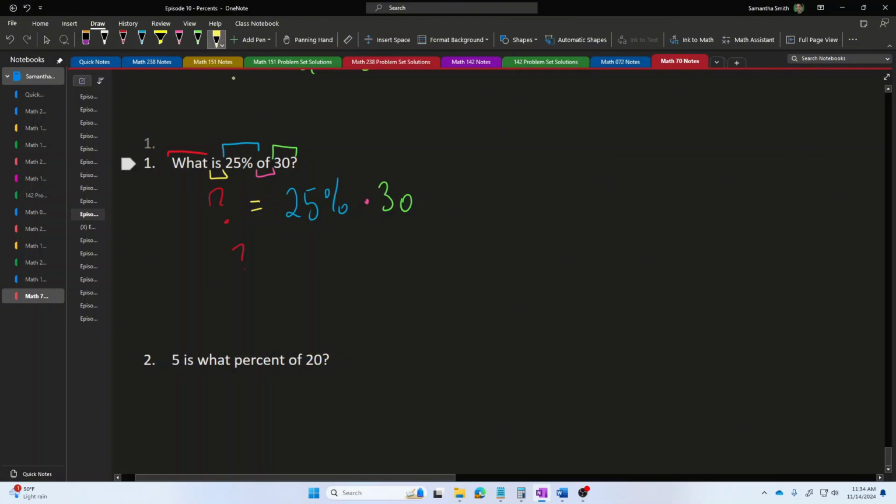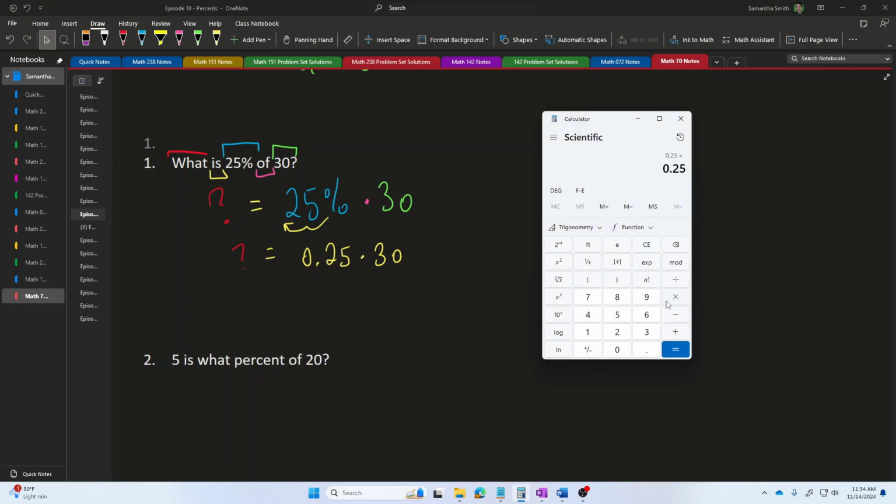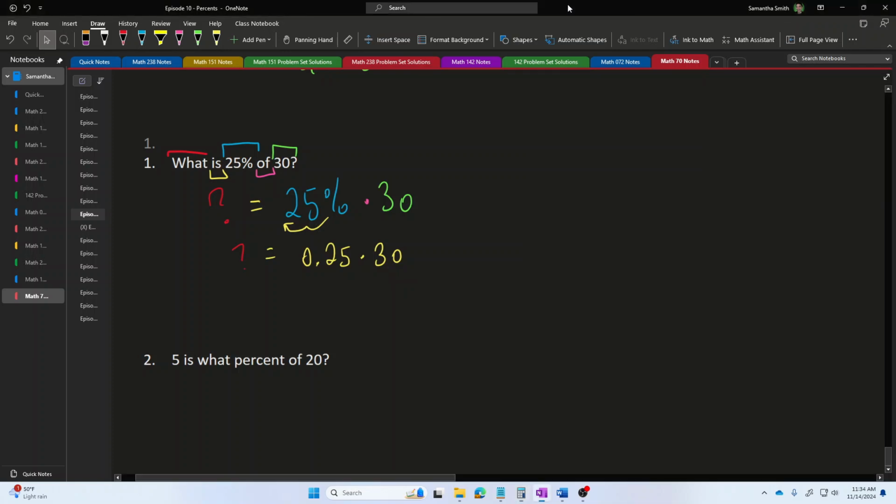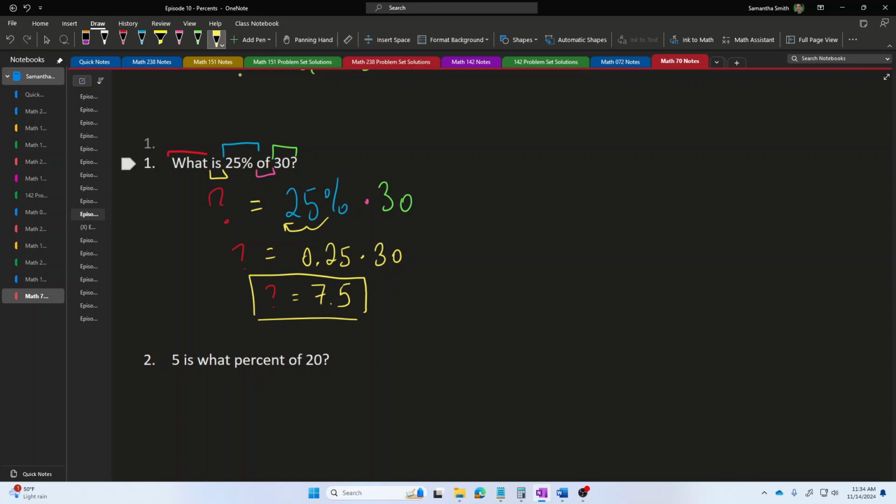So I'm going to turn this percent value into a decimal value so I can multiply it in the calculator. And I find that the unknown number in this problem has a value of 7.5. So in other words, what we've just said is that 7.5 is 25% of 30.